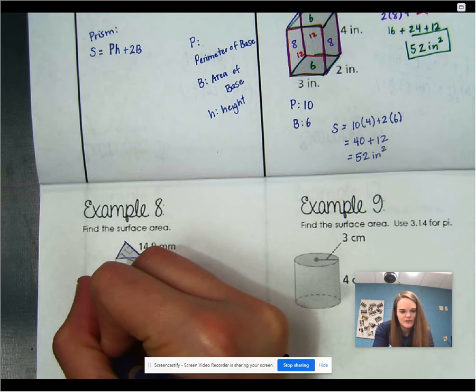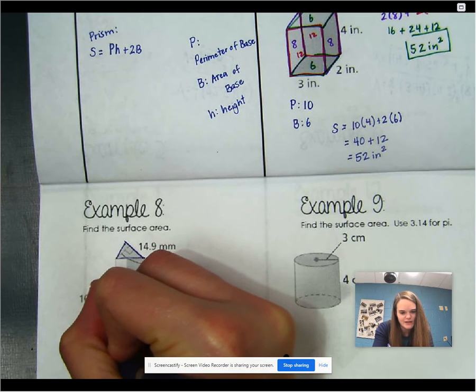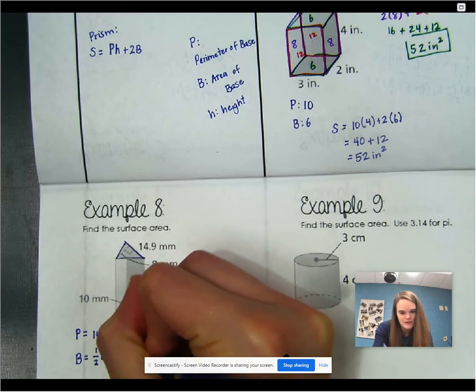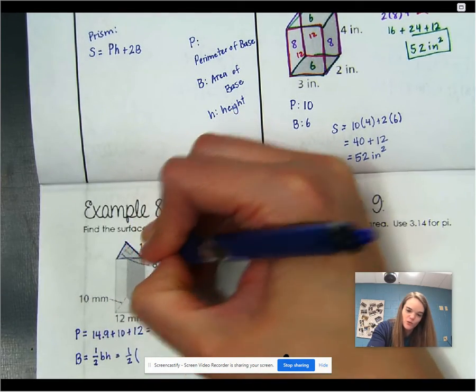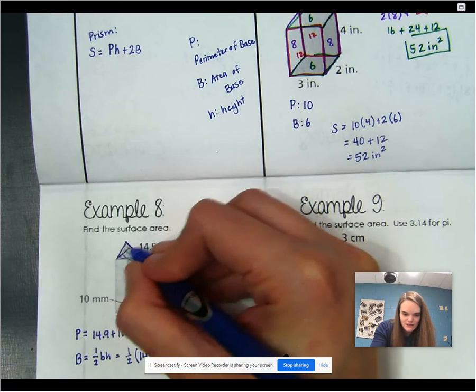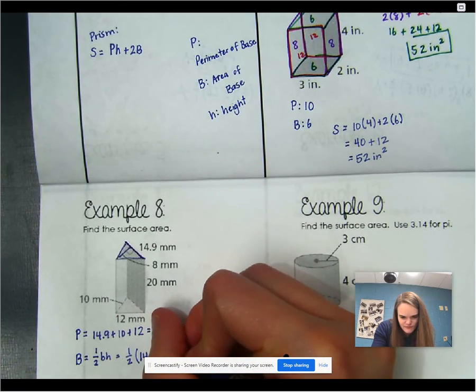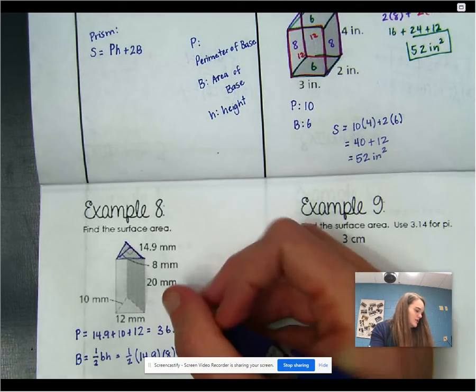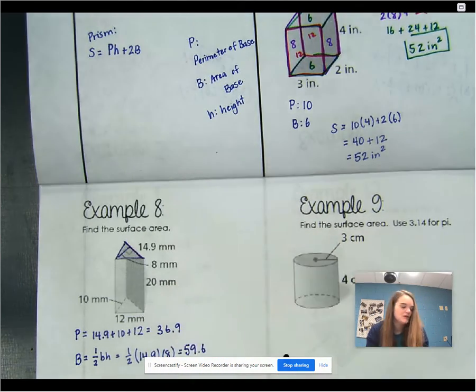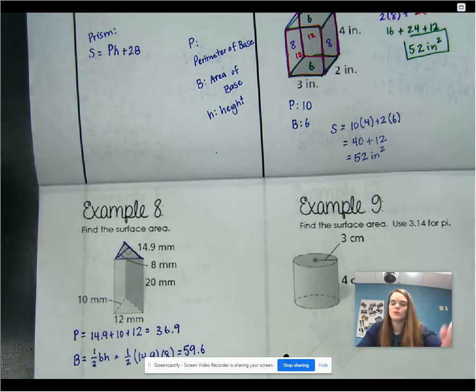The area of the base, it's a triangular base, so it's 1/2 base times height, which is 1/2 times the base, 14.9, times the height, 8, which is 59.6. Now we're going to set it up in our actual formula.